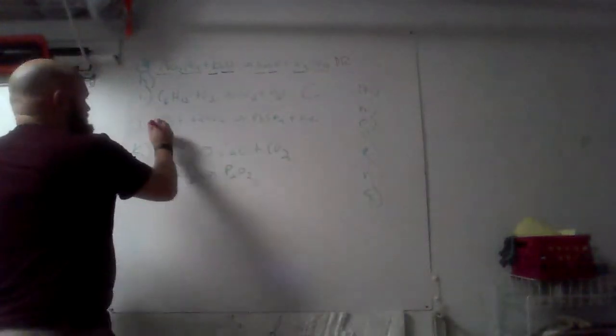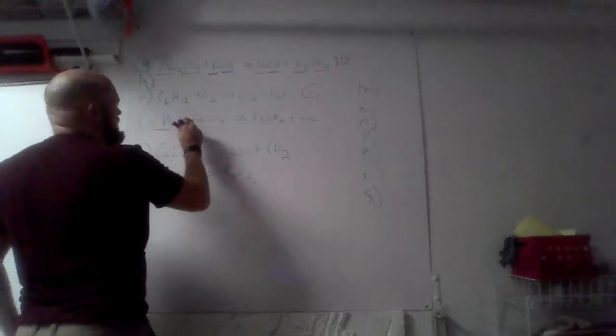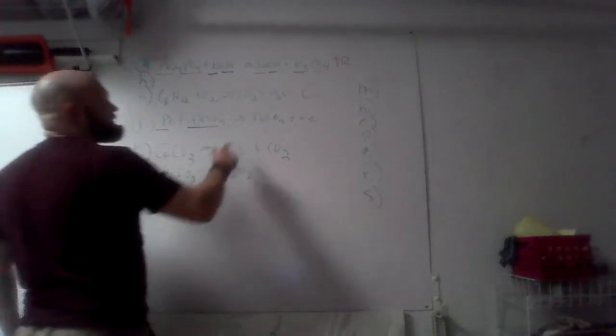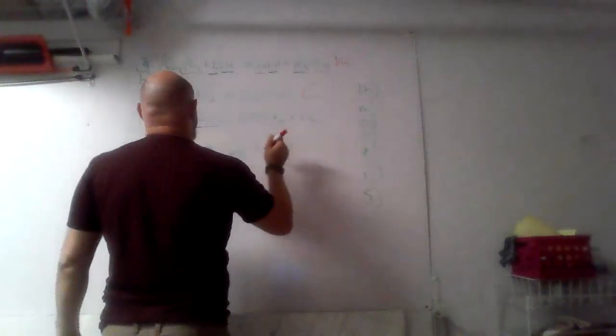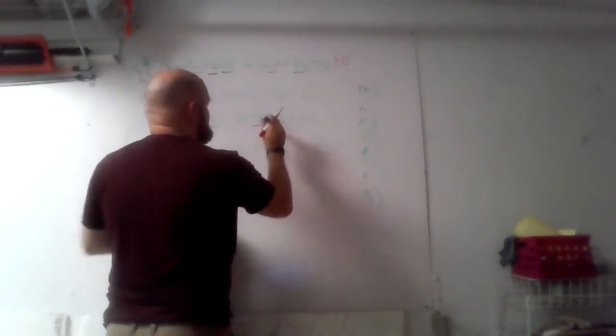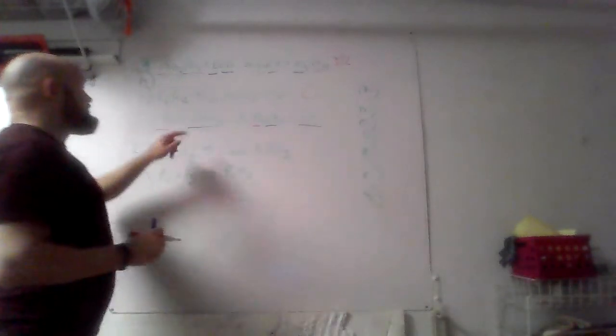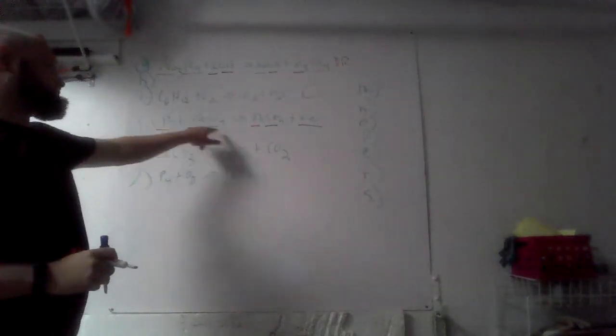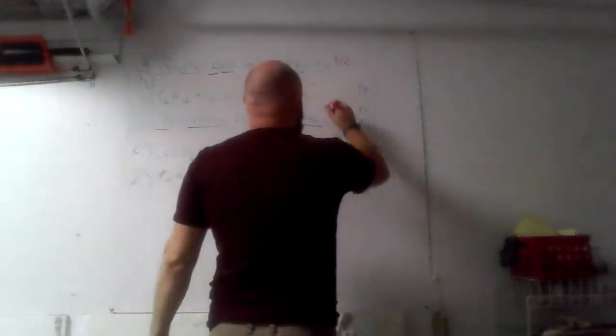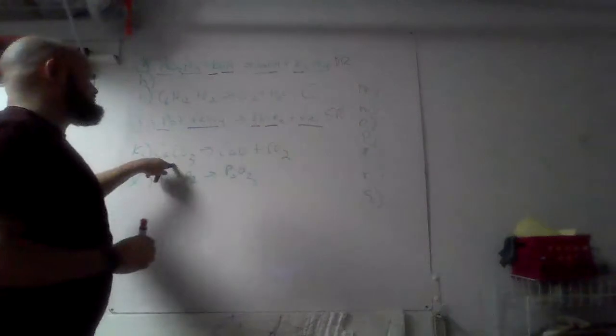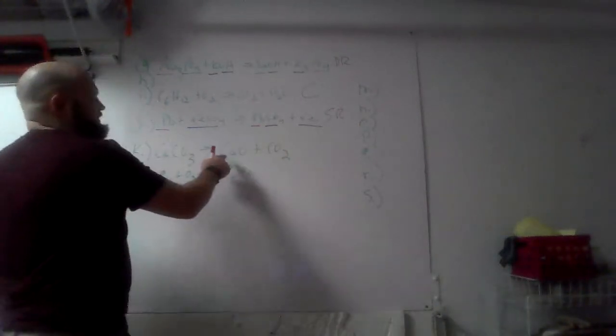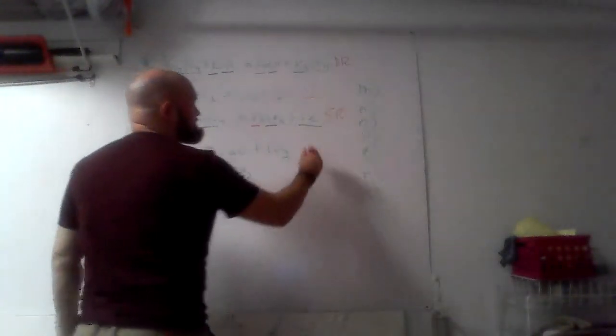So I have lead and iron sulfate yields lead sulfate and iron. So you can see it's single replacement because the iron here gets replaced by the lead. So that's single replacement. Calcium carbonate yields calcium oxide and CO2. This is decomposition.